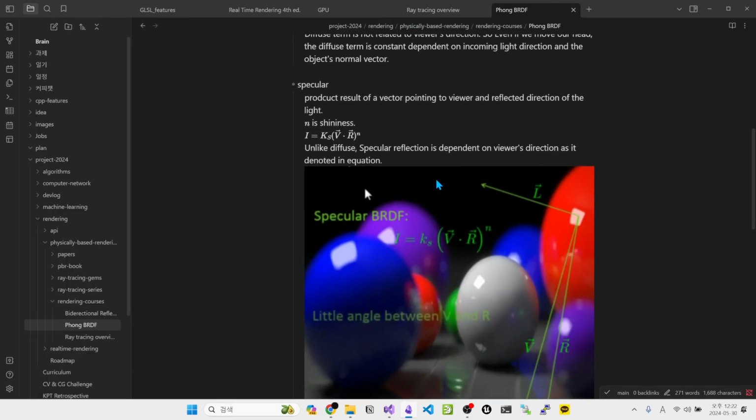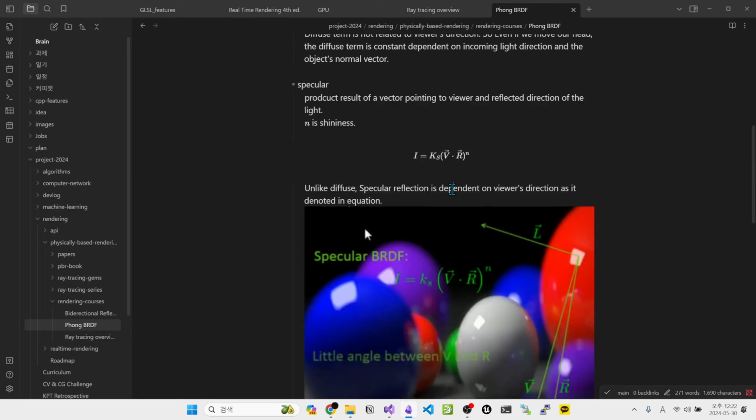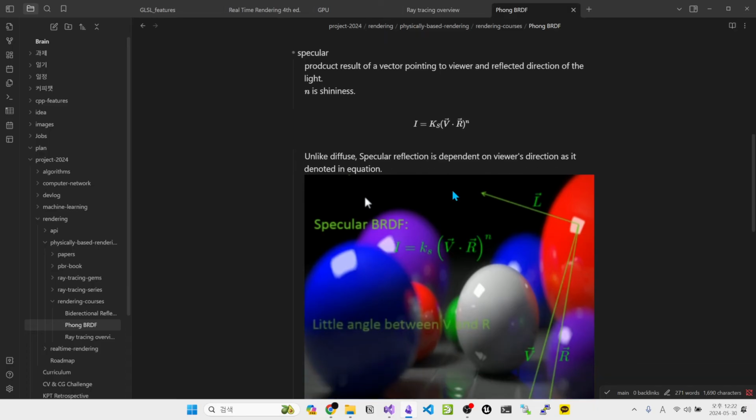But on the other hand, the specular term depends on the viewer direction and the incoming light direction, as denoted in the equation.